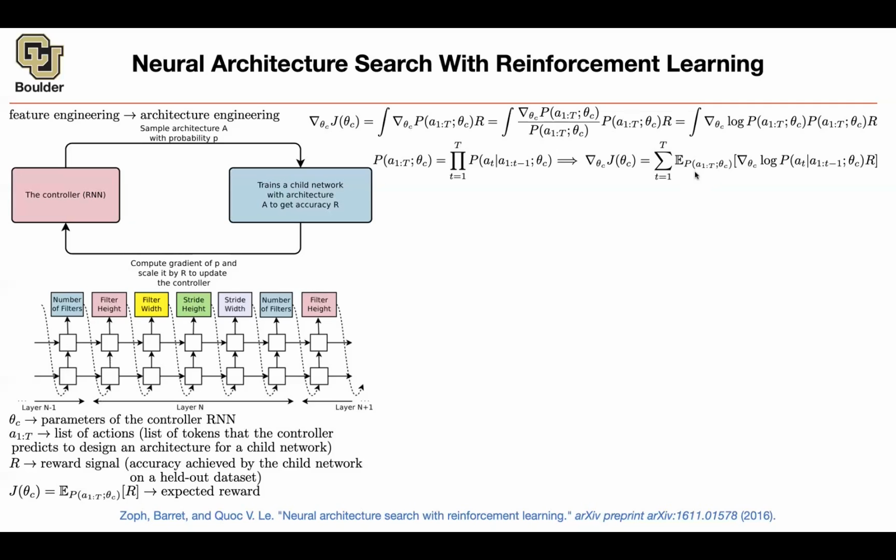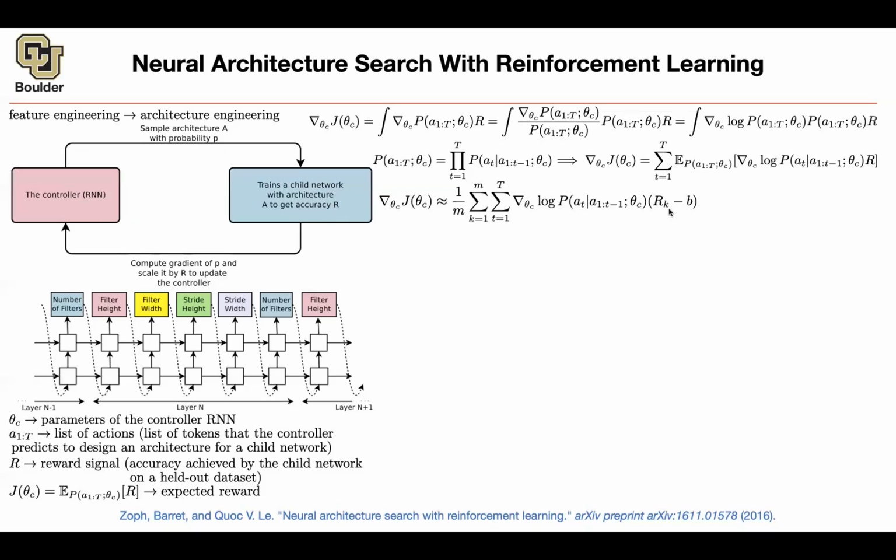Okay, perfect. Now you can do Monte Carlo estimation to give you your approximate gradient. From this RNN, you can sample from this probability distribution. You can sample multiple architectures. In this case, you're sampling M architectures, and you go ahead and train each one of them, and that's going to give you M accuracies.